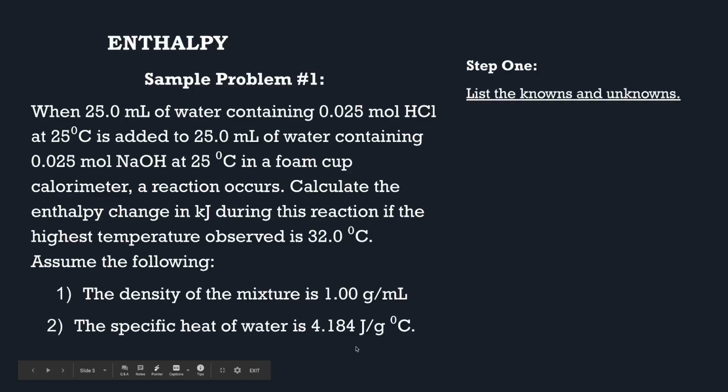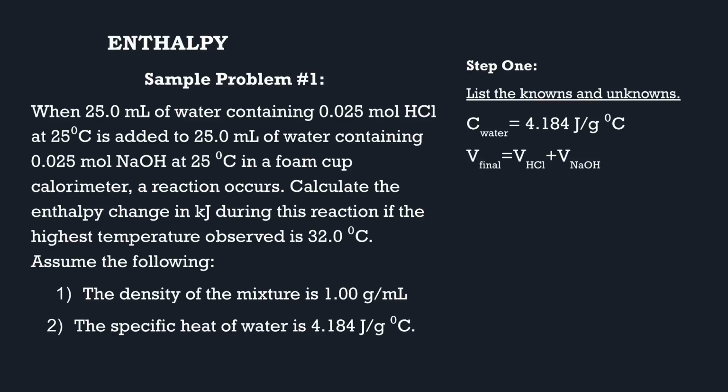All right, so step 1, we're going to list the knowns and the unknown. What do we know? We know that the specific heat, or the C, of water is 4.184 joules per gram Celsius. We know that our final volume is the volume of the HCl, our 25 mils, plus 25 mils of NaOH. 25 plus 25 gives you 50 mils.